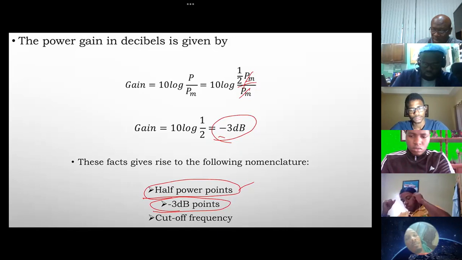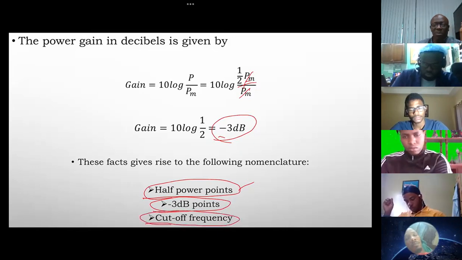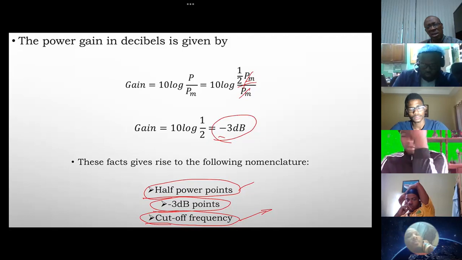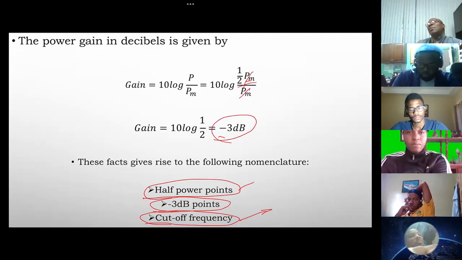The other one, we have not really derived anything to provide this name. However, what it represents is the point at which you would consider that the power is not useful. In other words, there will be too much noise. This may be best explained if we think of a radio station transmitting.